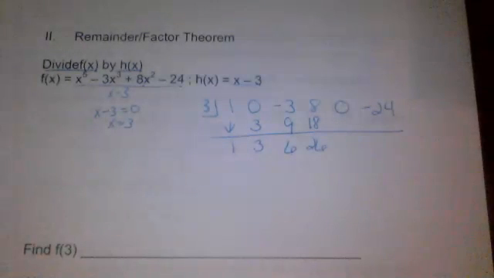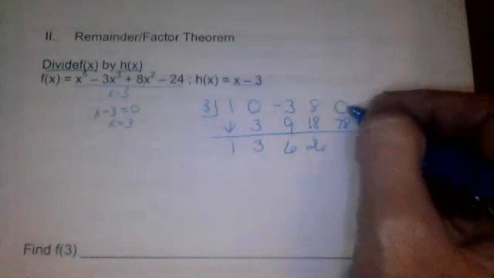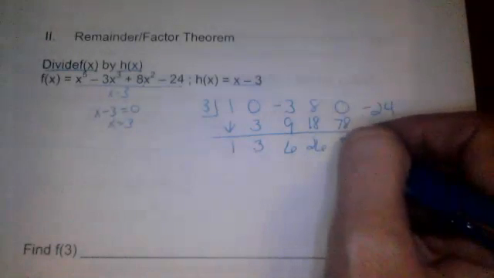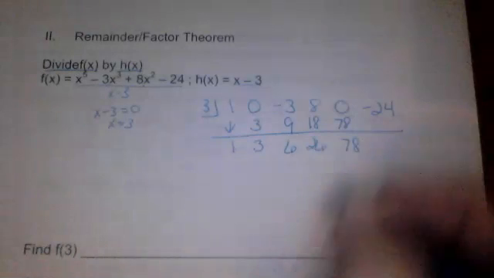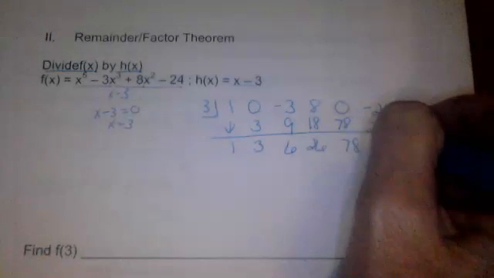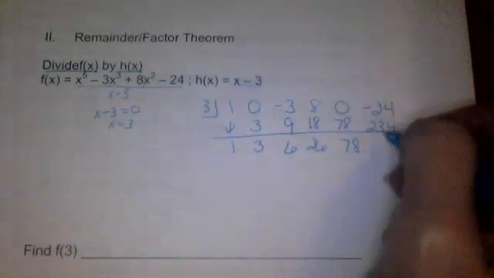And then we multiply 26 times 3 is 78. And 0 plus 78 is 78. So 78 times 3 is 234. So negative 24 plus 234 is 210.